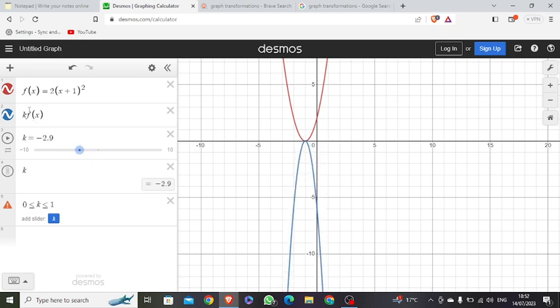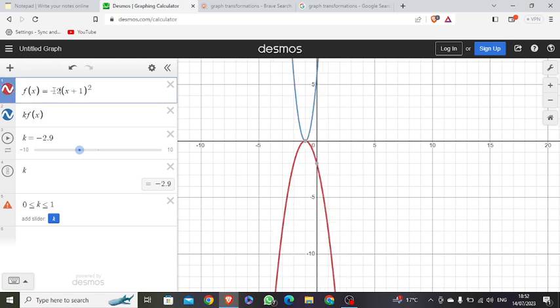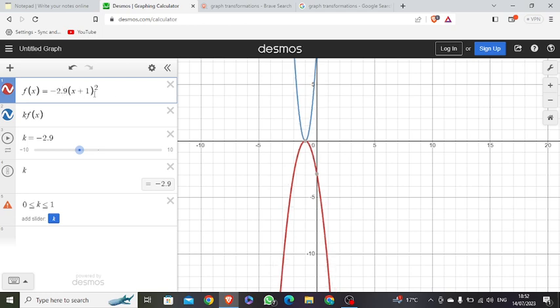If it seems weird, what you basically do is multiply f(x) by a factor of negative 2.9, which is pretty simple. The negative flips the graph, and the 2.9 scales it, and if you multiply f(x), you get this.